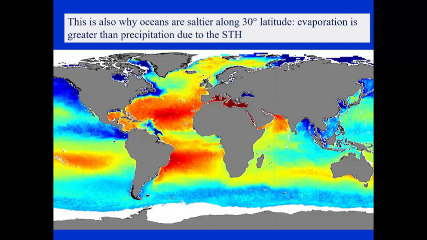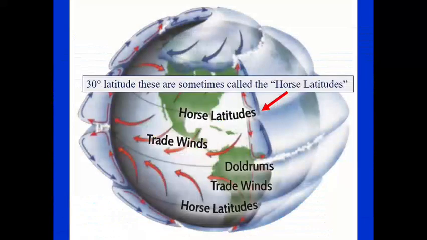That's why, for example, when we talked about salinity levels in the ocean, I pointed out that surface salinities around the tropics are higher. Why are they higher? They're higher because of the STH. It's because of the subtropical high that comes down around 20 to 30 degrees north-south and creates a lot of hot, dry conditions. Okay, those are called the horse latitudes.